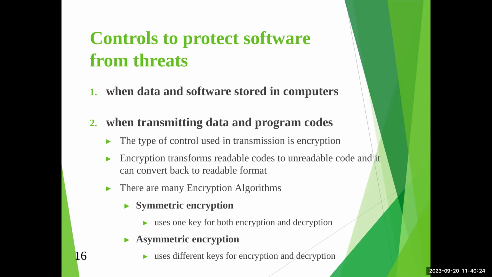Encryption is changing our code to another code when we transmit it, and at the end, we decrypt it to get back the correct code. There are two types of encryption methods: symmetric and asymmetric.